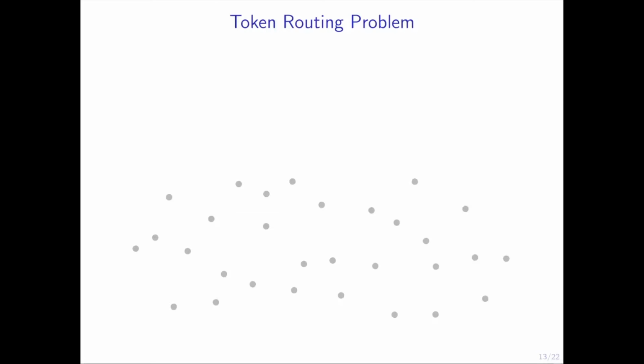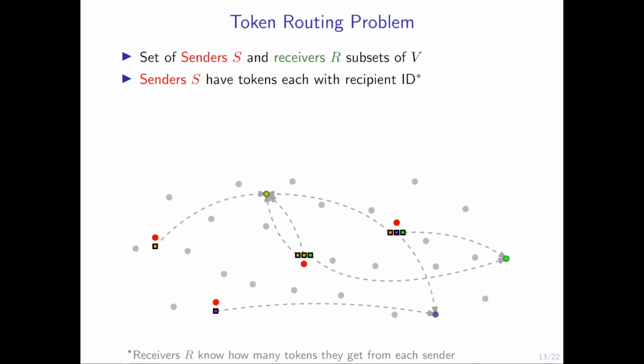Our main technical contribution is the solution of an information dissemination problem, which we call the token routing problem. Here we are given a subset of nodes, which we call the senders, and another subset, which are the receivers. And the senders have tokens, each with a recipient ID from the set of receivers.